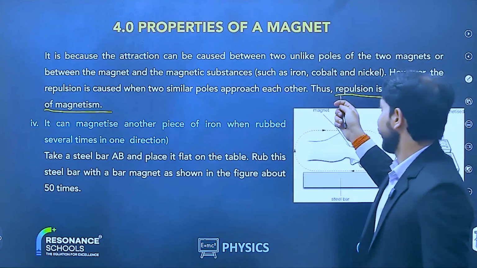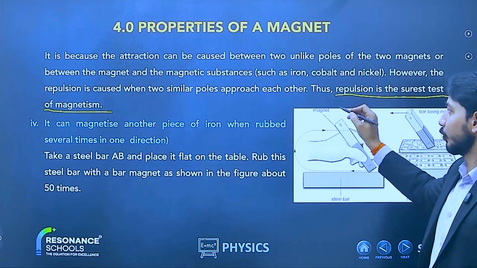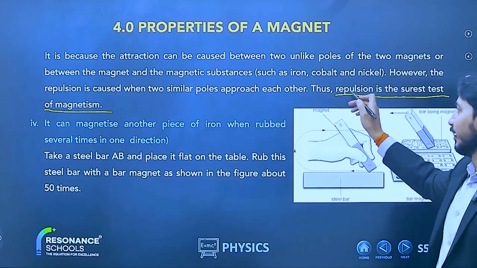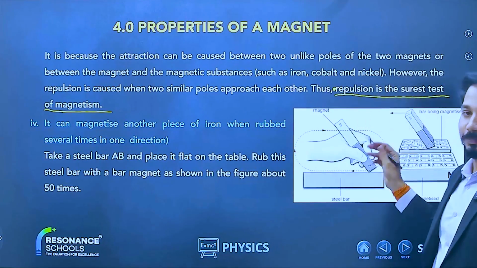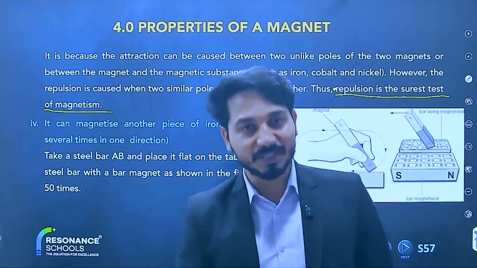So in the third point, you will write this line as well. In the third point only, just below the line wherever you have written the main point, make a dot and write this line: Repulsion is the surest test of magnetism.